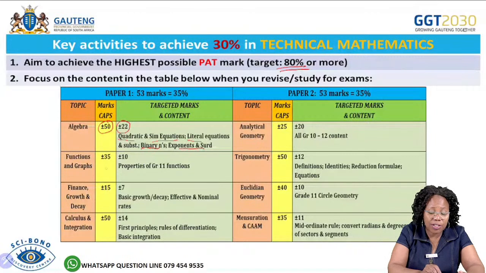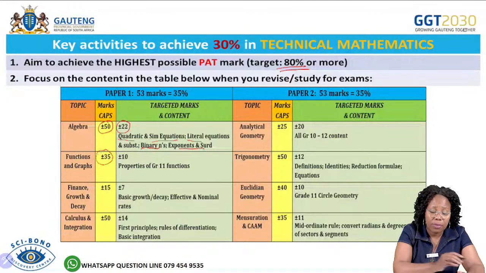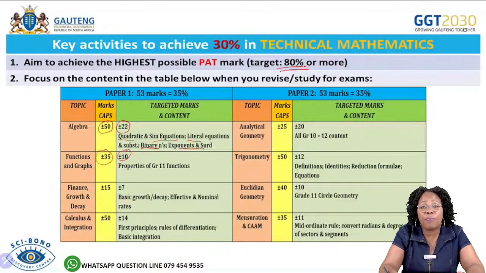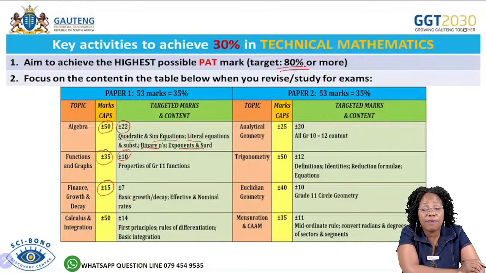And then on functions and graphs, the weighting for the whole topic on your paper is plus minus 35. And then now if you can target 30 there by checking all the properties of your functions from grade 11 functions, then you'll be able to get plus minus 10 marks. And then with finance, growth and decay, remember the total weighting for finance on your paper is plus minus 15.